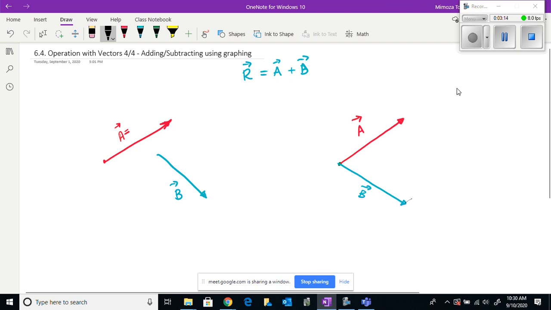A parallelogram is a 2D shape whose sides are two by two parallel and equal to each other.